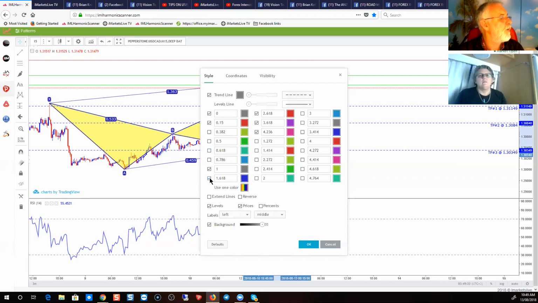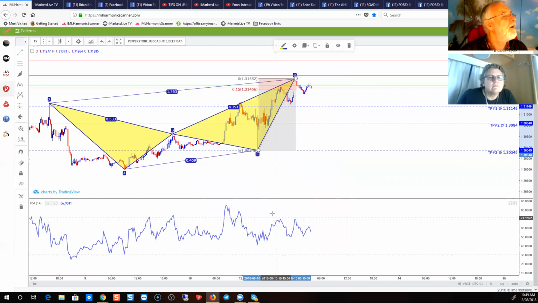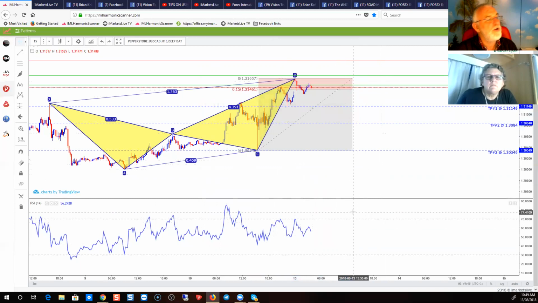We'll just put the 1 on. There we go. I just wanted to highlight the fact that that's 15%. It's already come down past the 15% and back up again.